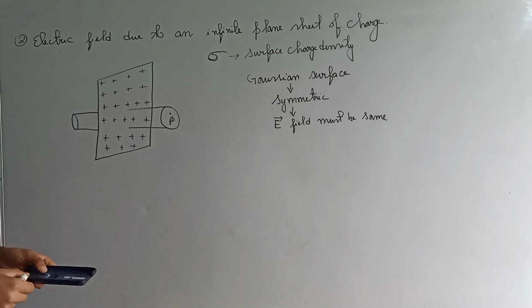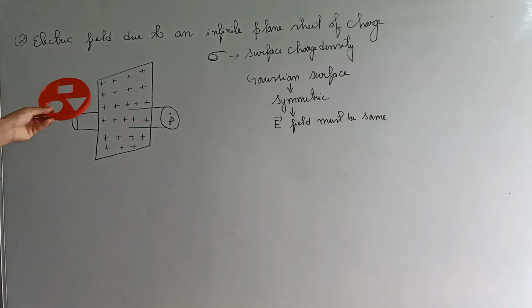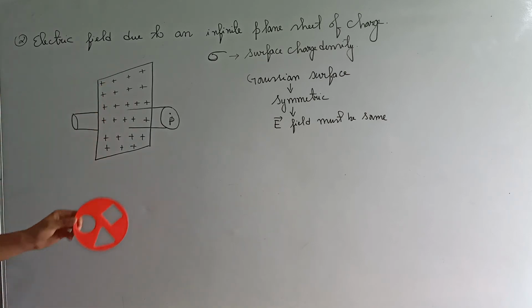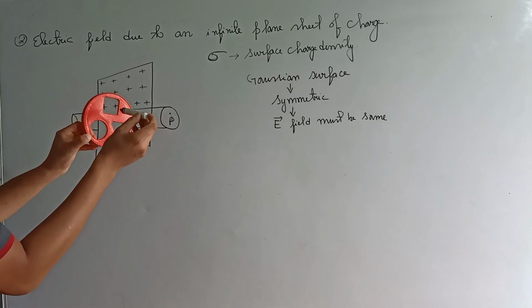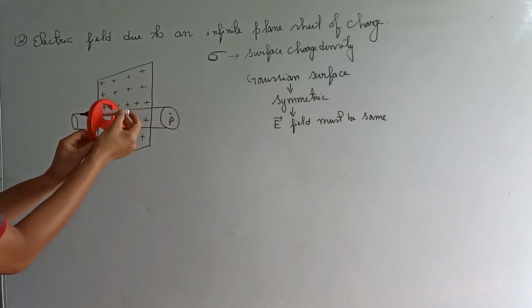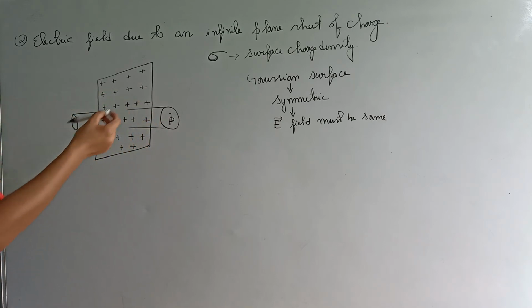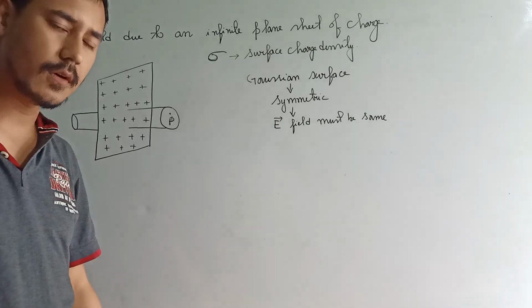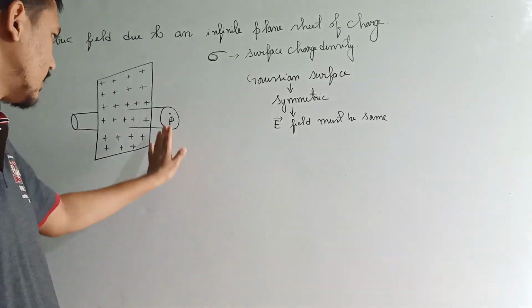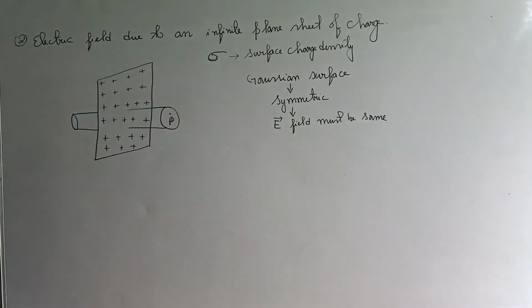Are you following that? Suppose if this is your surface, it's not circular, but then you have to draw the cylinder in this way, such that the point P lies on the area of cross-section of the cylinder. Is it okay?